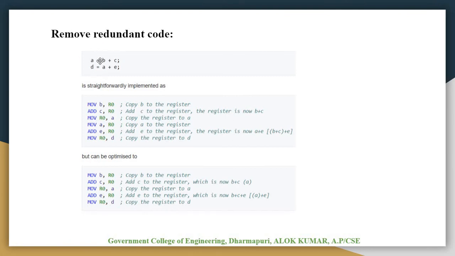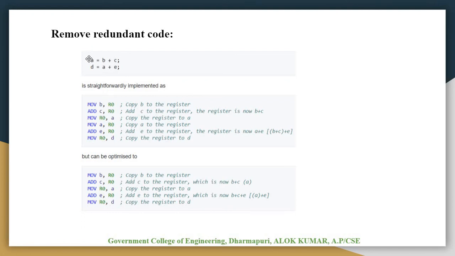Suppose the expression is there, and here we are writing its machine code, which we have to optimize. The B value we are keeping in the R0 register, and we add the C value to that R0.